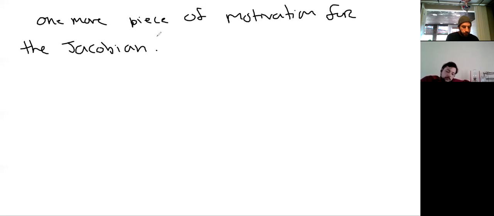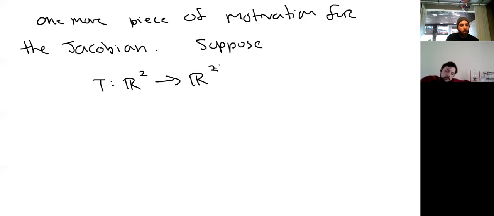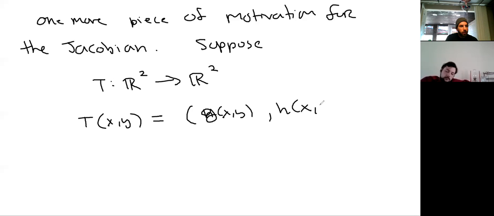Suppose we just have some map, which I'll call T, and it takes a point in R2 into some other point. That just means that T of x comma y equals some function which we'll call g of x comma y, and some other function of x comma y.